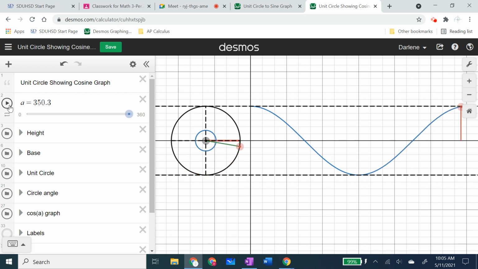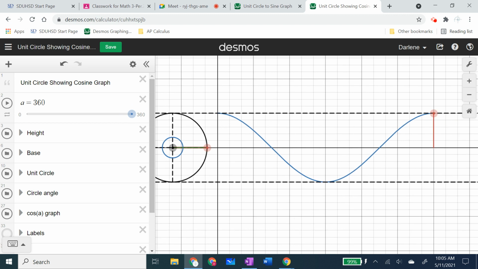I can leave a link to these so you can play with them later and see the creation of sine and cosine. You want to remember that cosine starts at the top. It starts at 1.